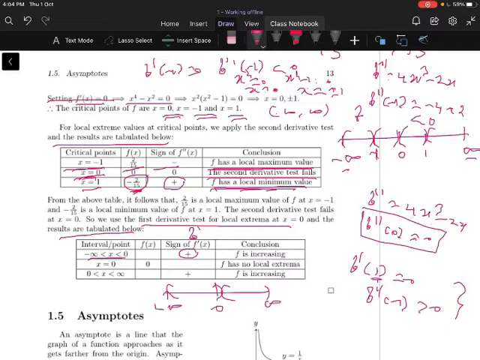Any value between minus infinity and 0, just substitute. For example, x equal to minus 1, f dash is positive here. Therefore, if f dash is positive, f is increasing on the open interval minus infinity to 0. At x equal to 0, f dash is 0, no problem. For the interval 0 to infinity, again f dash is positive, so again f is increasing. Understood? So the given function is increasing from minus infinity to plus infinity.